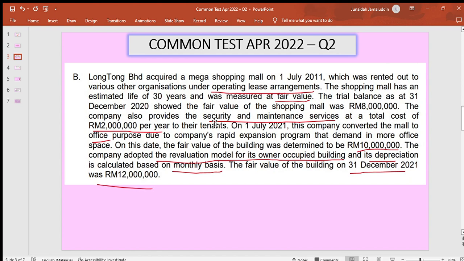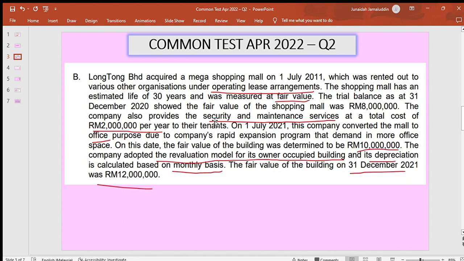The company also provides security and maintenance services, or known as ancillary services or support services. The question is, should the shopping mall be classified as investment property since the company also provides services at the property? Usually when a company provides security and maintenance services, it is considered as insignificant services.